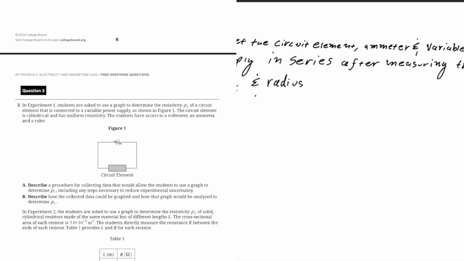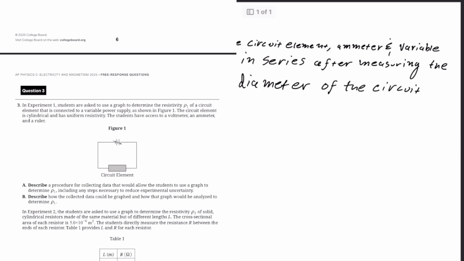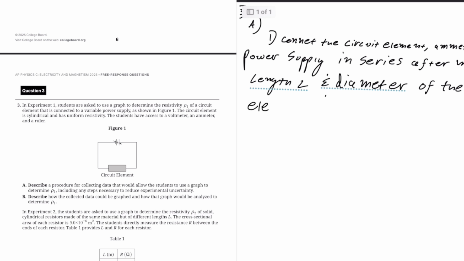Not radius. Sorry guys, it's not radius. And diameter of the circuit element. So step 2 calculates the cross-sectional area.